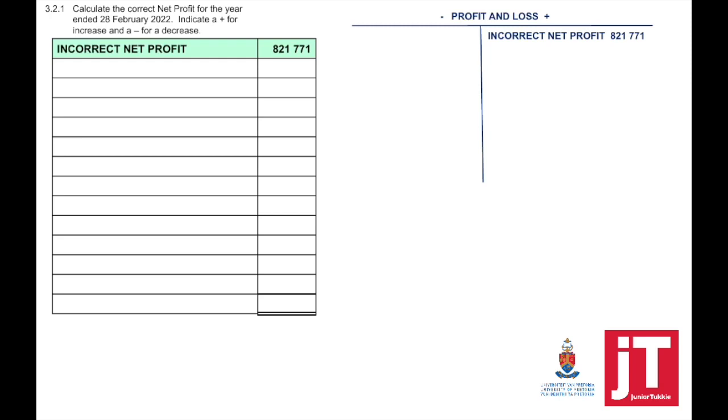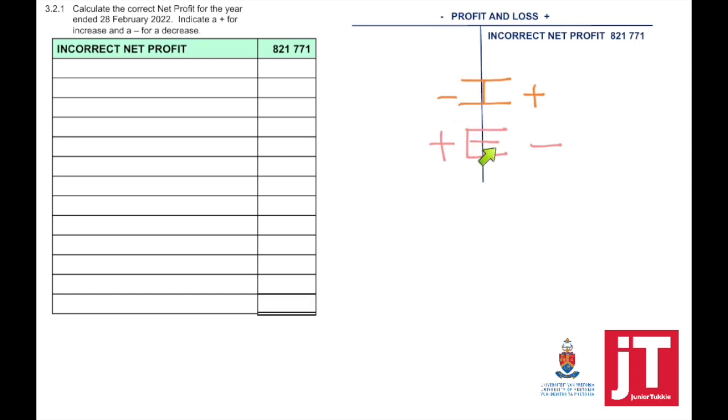Now, if you look at your T account, all income and expenses has an effect on the net profit. This was now calculated incorrectly. If we look at our income, if our income increases, it will have a positive effect. But if our income decreases, it will have a negative effect.